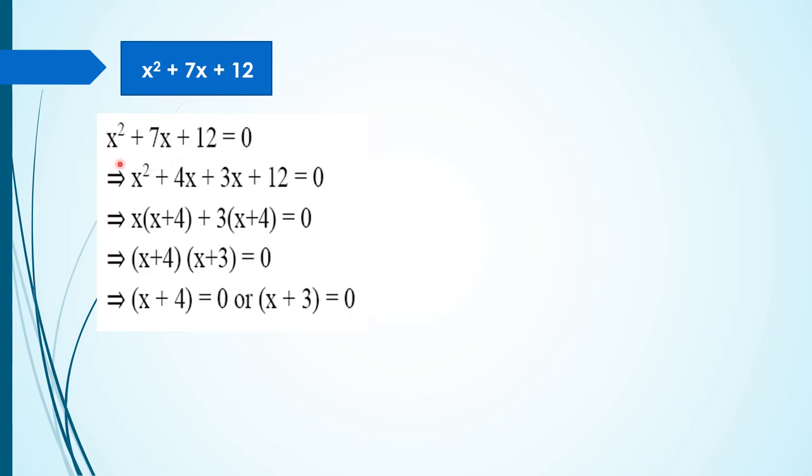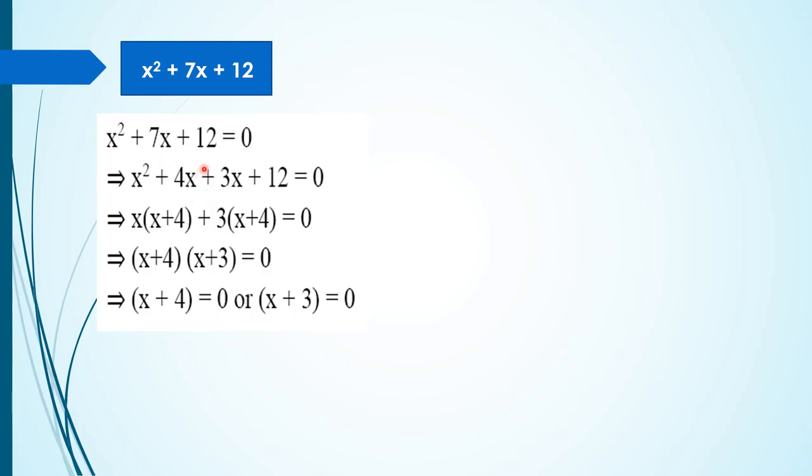To find zeros of this polynomial, factorize this polynomial by using a suitable method. The methods available are splitting the middle term or using algebraic identities. You can use any method to factorize this quadratic polynomial. Now here I am following the splitting the middle term method.